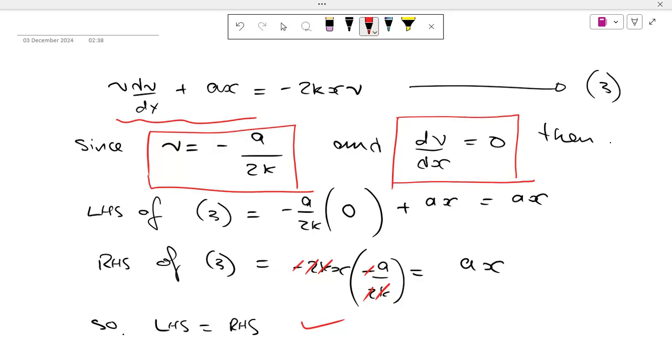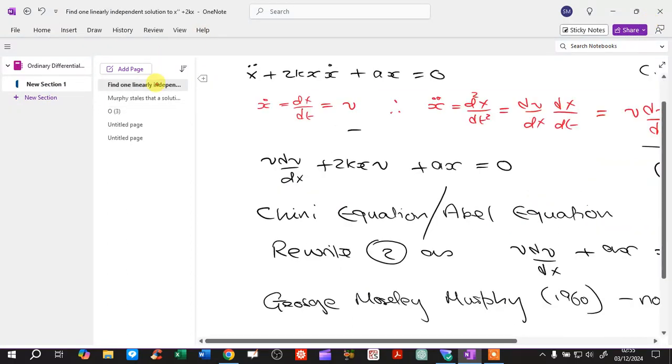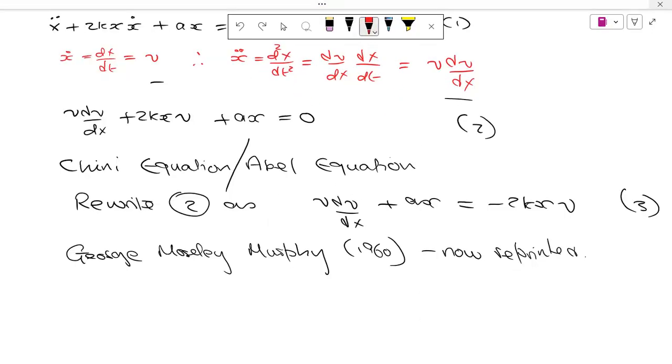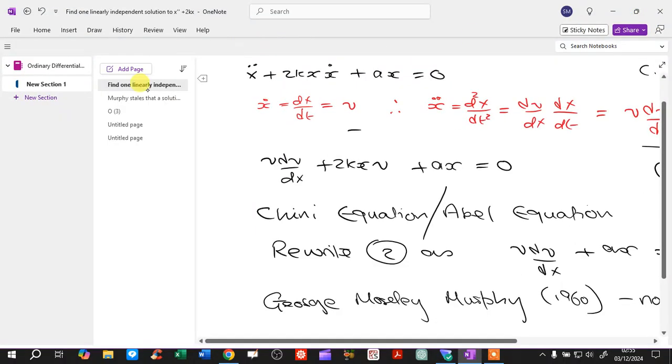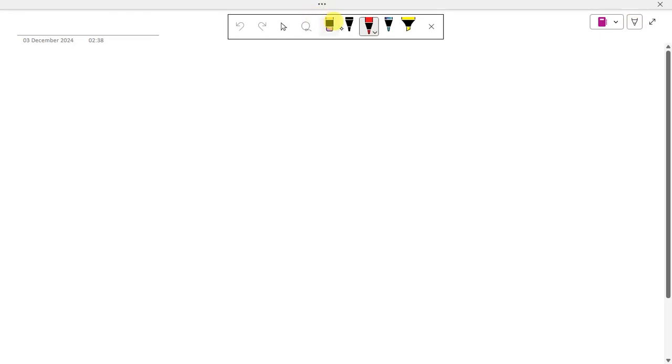So what does this tell us about the original second order ordinary differential equation in equation 1 here? Well, if we just write this down again, so we'll go to a new page. Let me just change to black ink.